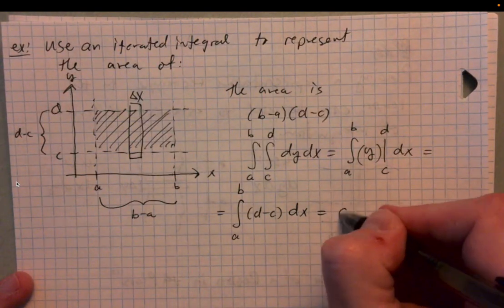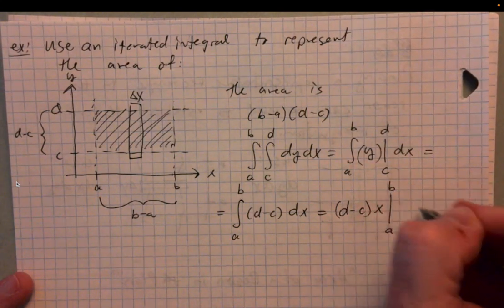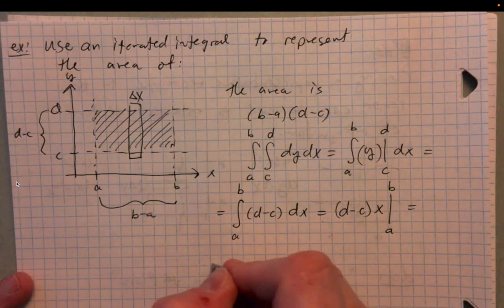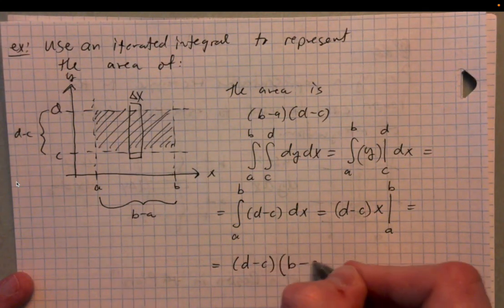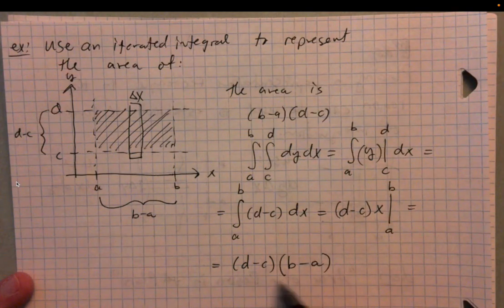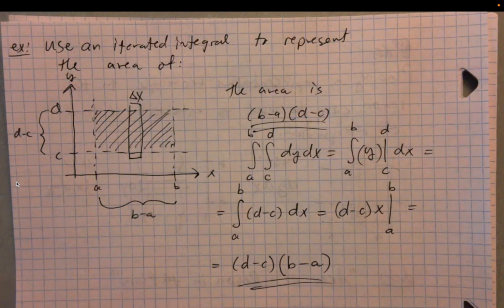Well, this is just going to be d minus c times x going from a up to b. And we can see that that produces d minus c times b minus a. And so that's the same as what we have up above, just looking at the fact that this is a rectangle, base times height, length times width. The integral works. So this is a nice sort of aha, it works. It does what's expected in the simple cases.